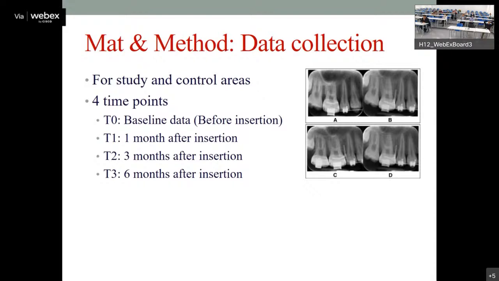So for each patient, 4 sets of periapical radiographs will be taken for each side, and you will end up with 8 digital periapical radiographs.